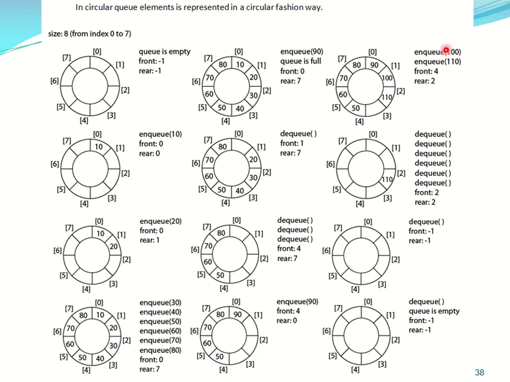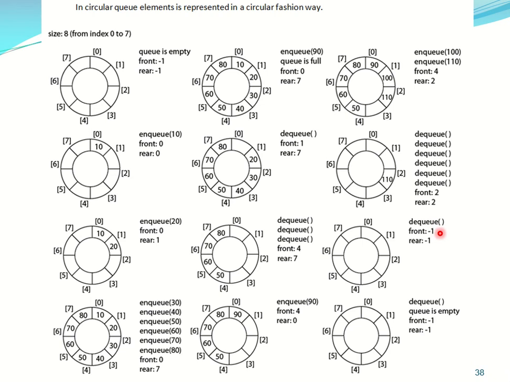And then when you enqueue 100 and 110, rear is increased by 1, so rear is now at 2, front maintains at 4. Now when you dequeue, you dequeue from the front. So 1, 2, 3, 4, 5, 6 dequeues, and the last element will be here at 2. Front will be increased by 1 each time the dequeue process is executed, and now front and rear are at index 2.